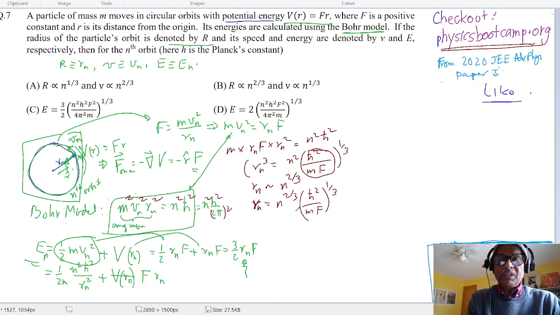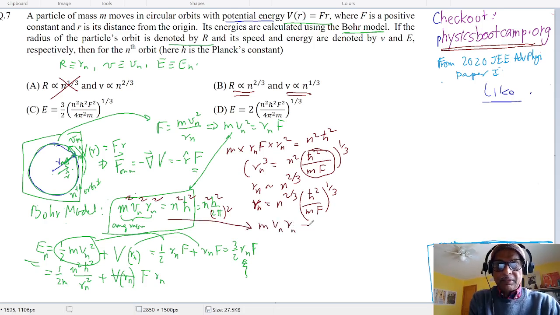So we just worked that out, and now we check if Vn goes like that. We can check from here: m vn Rn equals n h bar. So then Vn is n h bar over m Rn.